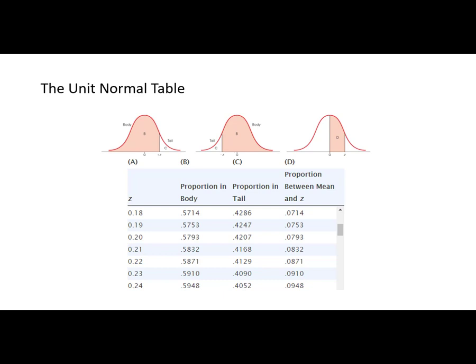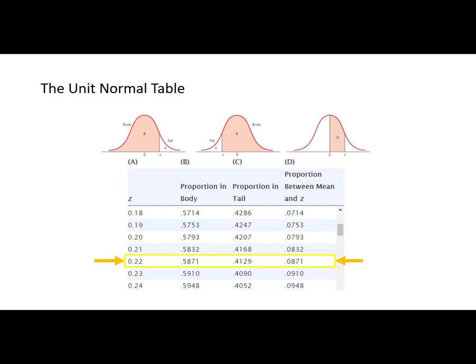So looking here at our z-score of 0.22, we can see that 0.5871, or 58.7% of the scores fall below a z-score of 0.22.